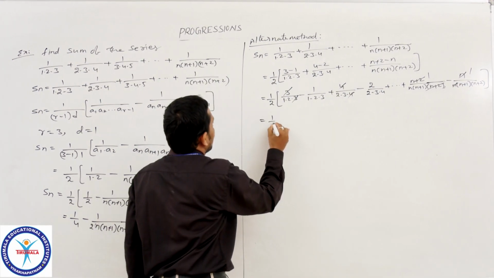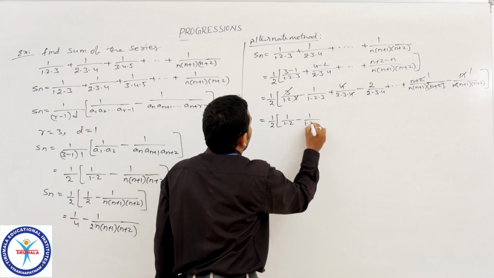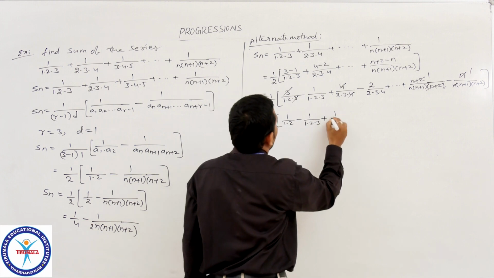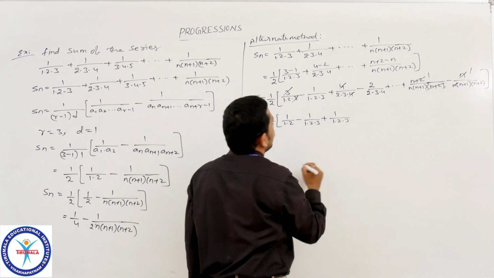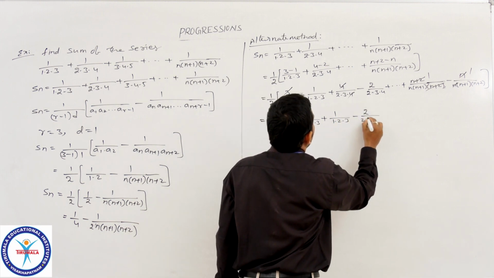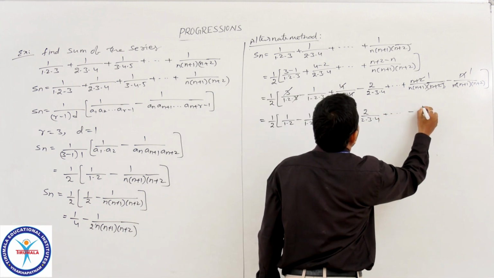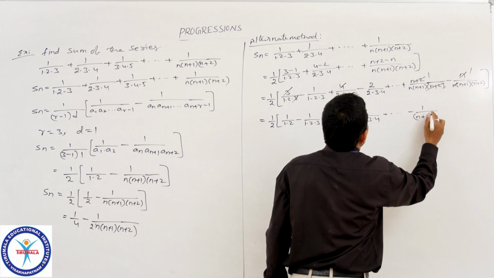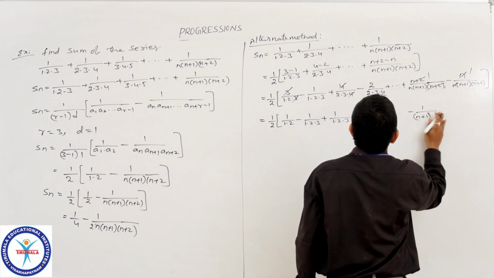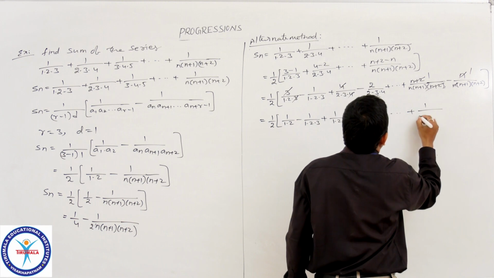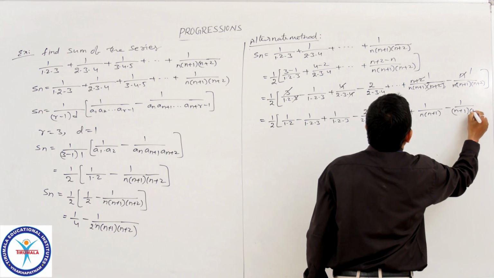So therefore we have 1 by 2 into 1 by 1 into 2 minus 1 by 1 into 2 into 3 plus 1 by 2 into 3, 2 into 3 is nothing but 1 into 2 into 3, minus 2 by 2 into 3 into 4 and so on. Last term minus 1 by n plus 1 into n plus 2, plus 1 by n into n plus 1 minus 1 by n plus 1 into n plus 2.